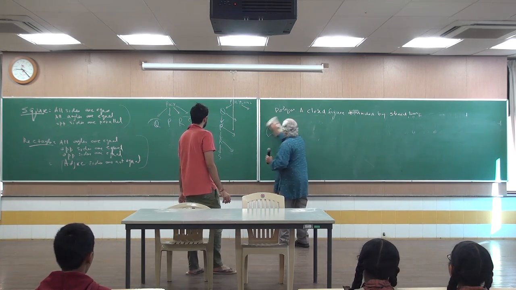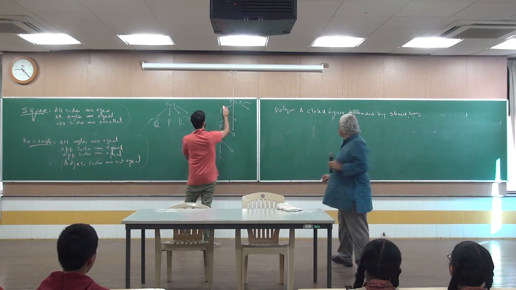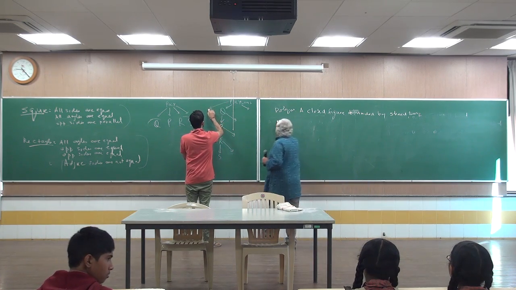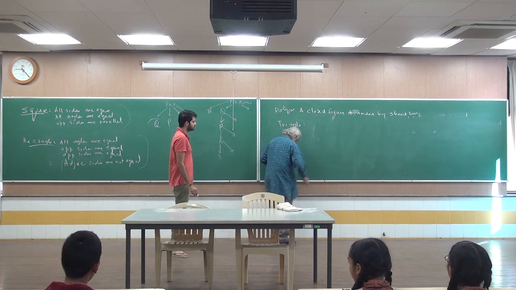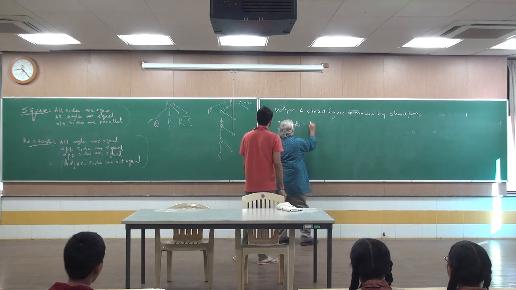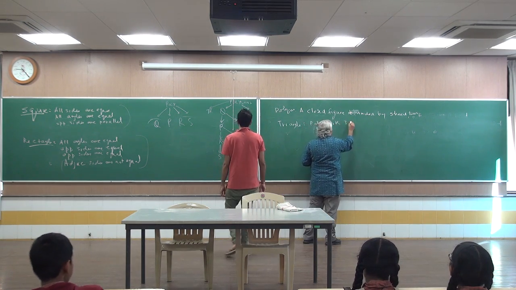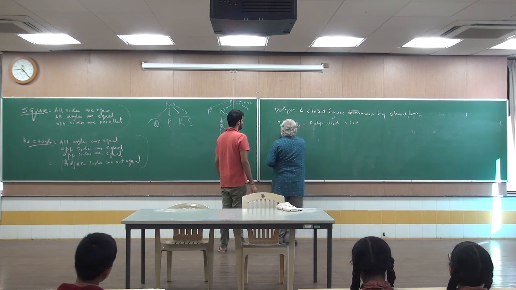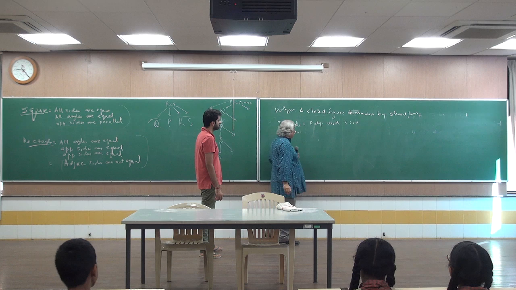What's a triangle? A triangle is a polygon with 3 sides. And quadrilateral? 4 sides.